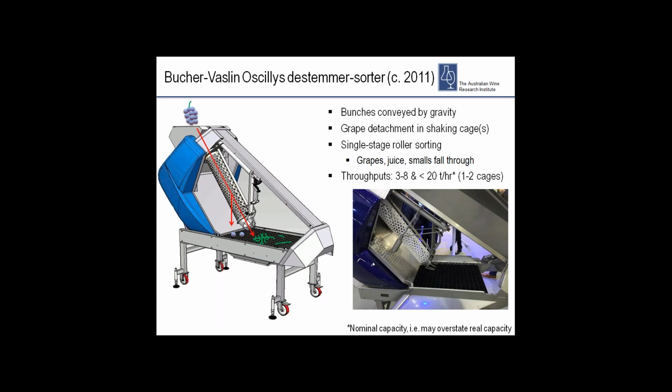Stems and grapes all pass onto a single-section roller sorting table through which the grapes, juice and smalls fall through, and the stems and other petioles and things are conveyed off the end of the sorting table. With this destemmer, they talk about the raisined berries tending to stay on the stems because of its mode of action, and therefore not ending up in the grape juice and wine, which could be desirable.